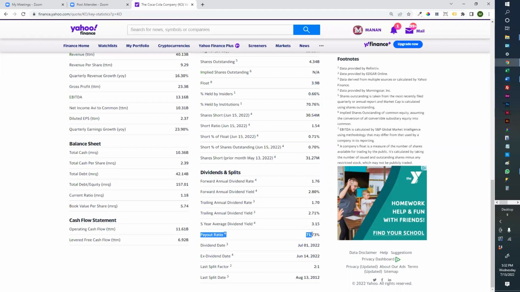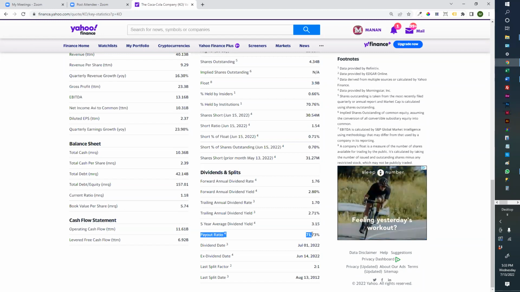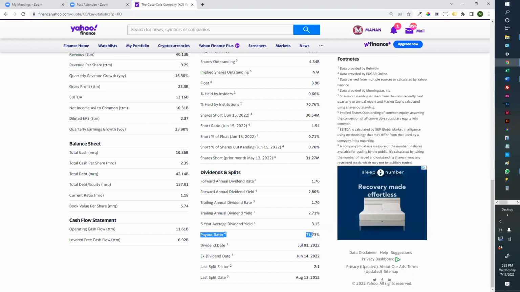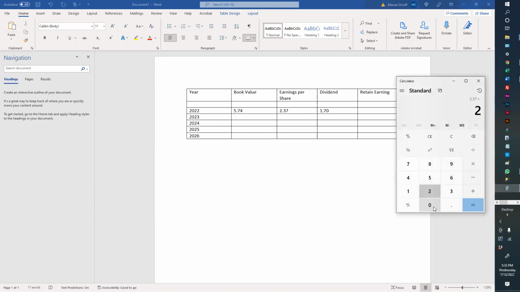As a company gets mature, the payout ratio rises. Generally, a payout ratio around 50% is good. Coca-Cola is an exception. It doesn't have that much debt. But usually the payout ratio should be around 50%. When I say payout ratio should be 50%, it means when it's earning $2.37, it should pay dividend of $1.18 instead of $1.70.